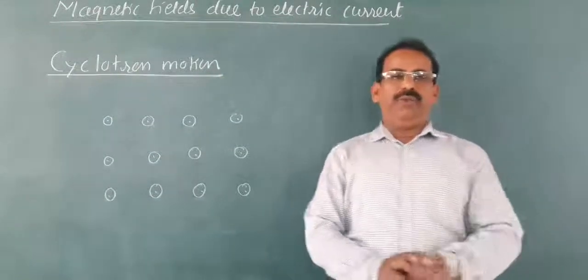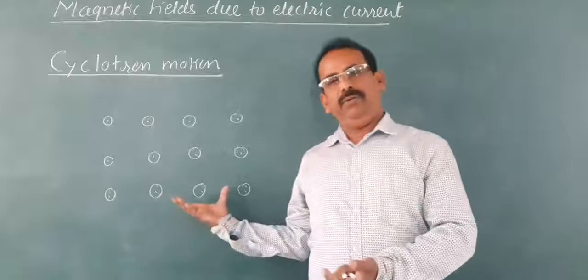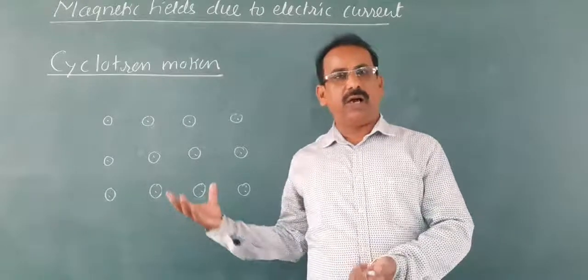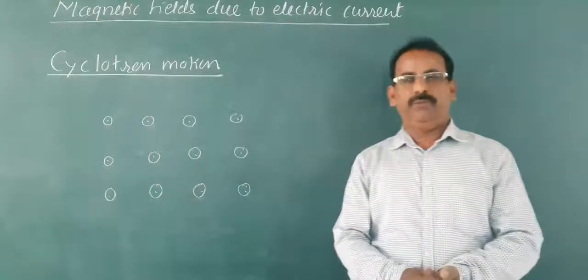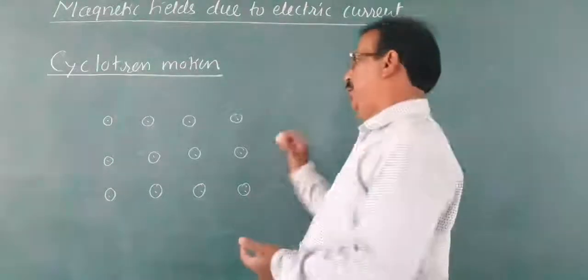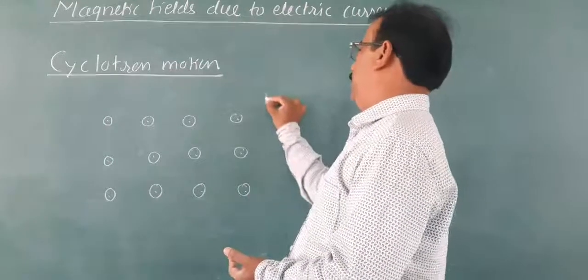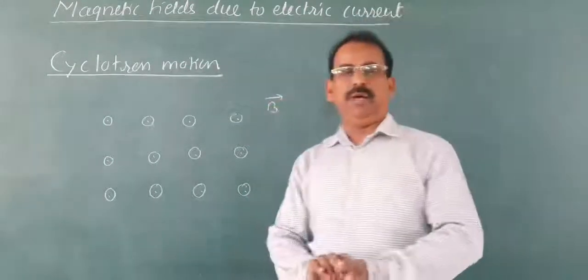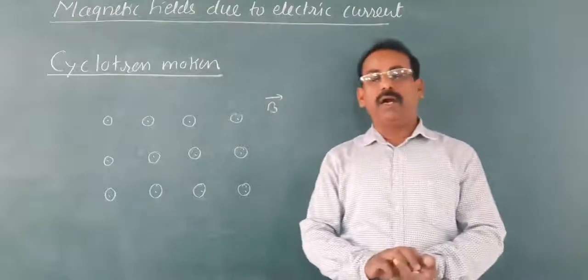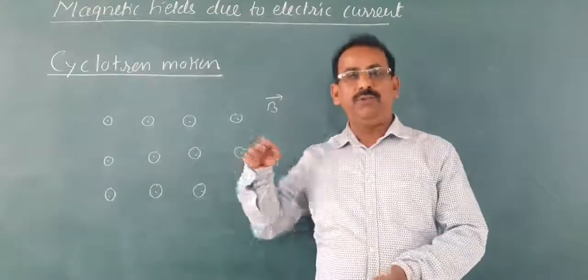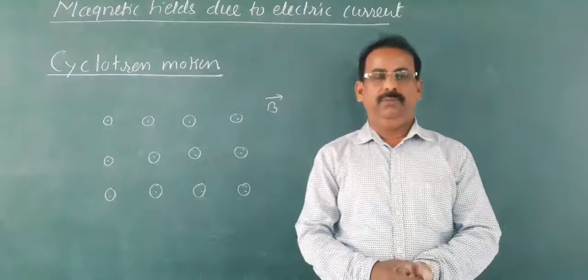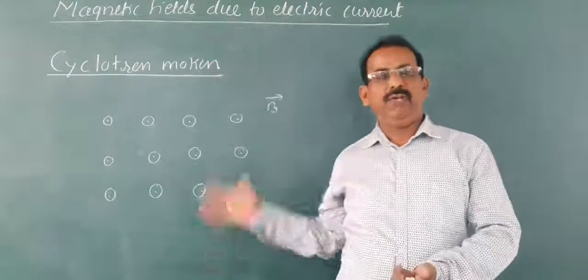We always represent such a magnetic field with the help of dots as shown in the figure. This is a uniform magnetic field whose direction is perpendicular to the plane of the figure and outward. Outward means towards you and perpendicular to this plane.